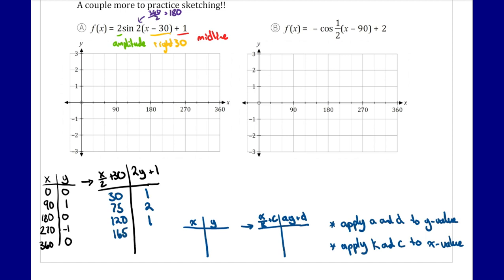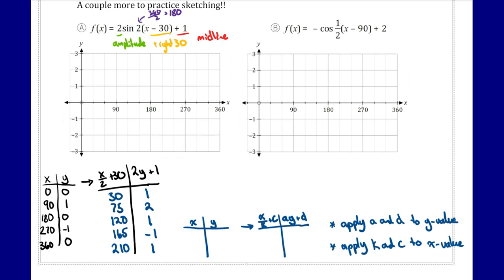Negative 1 times 2 is negative 2, plus 1 is negative 1. And 360 divided by 2 is 180, plus 30 is 210. 0 times 2 is 0, plus 1 is 1. So these are the new values of my transformed sine wave.